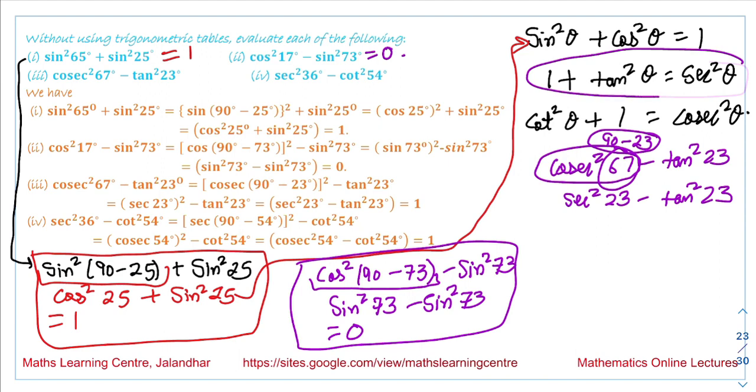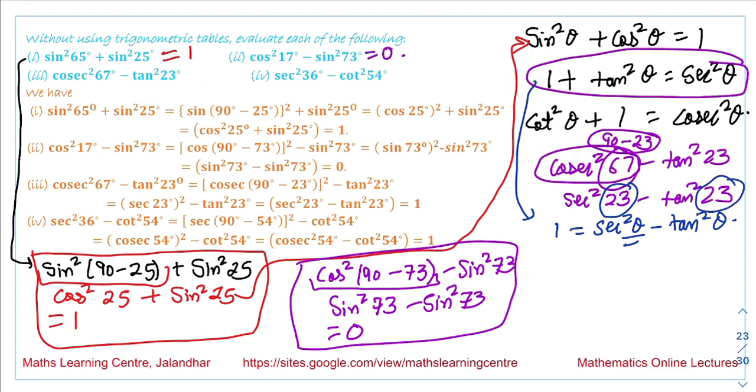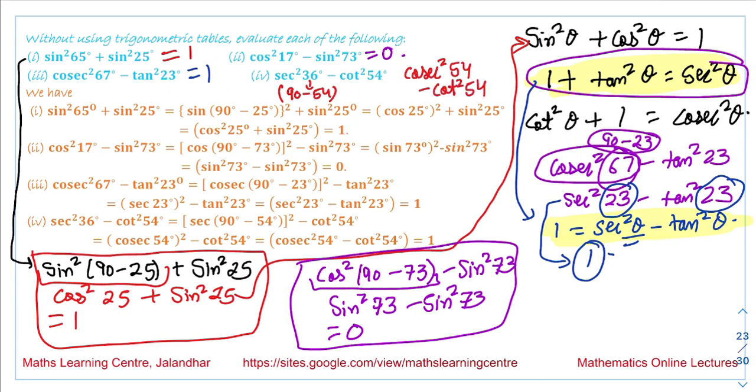Now look at this identity over here. It is 1 equal to secant square theta minus tan square theta. In this case, theta is 23. Then the final answer we will get is equal to 1. So we are using this identity in this form. Now in the last part, when we replace this term with 90 minus 54, our problem will become cosecant square 54 minus cot square 54.